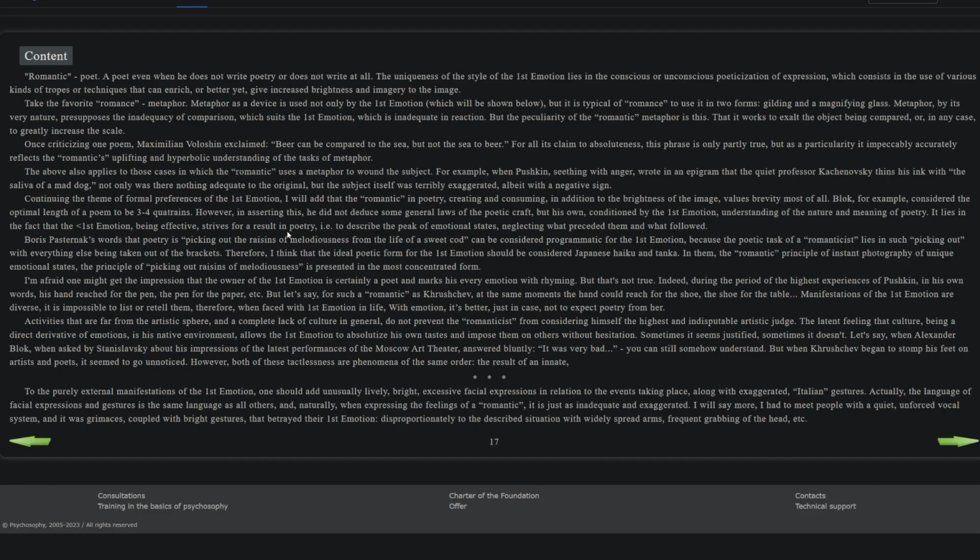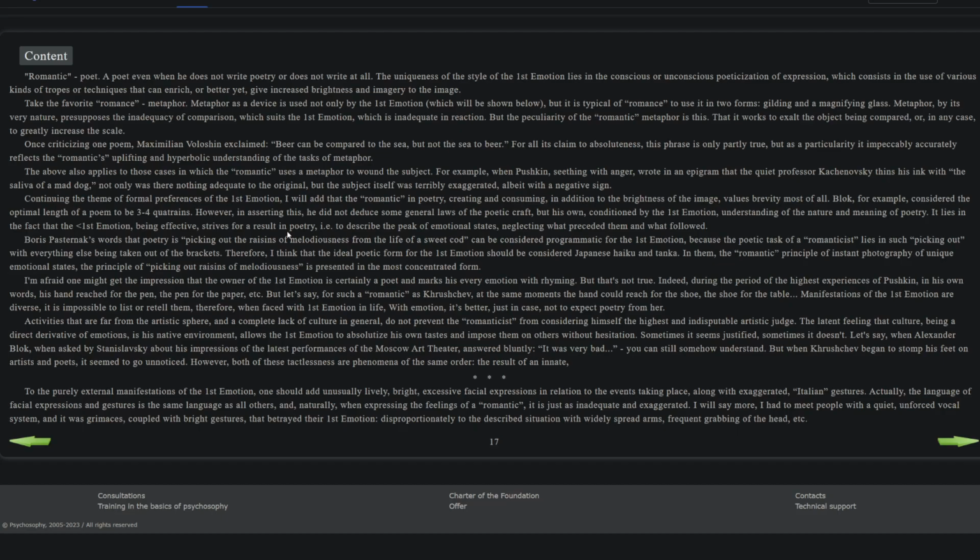The above also applies to those cases in which the Romantic uses a metaphor to wound the subject. For example, when Pushkin, seething with anger, wrote in an epigram that the quiet professor Kachanovsky thins his ink with the saliva of a mad dog. Not only was there nothing adequate to the original, but the subject itself was terribly exaggerated, albeit with a negative sign.